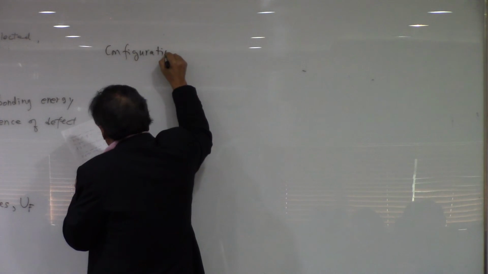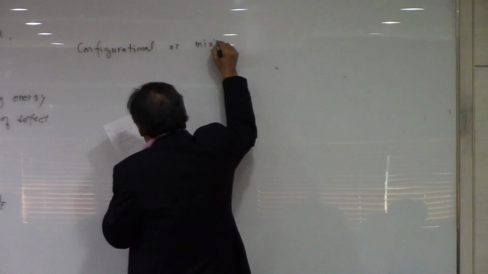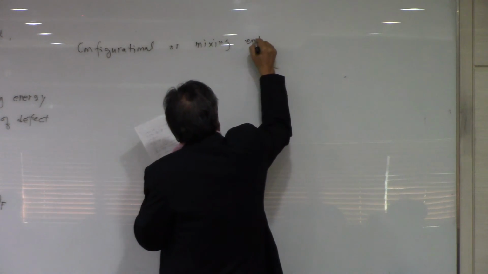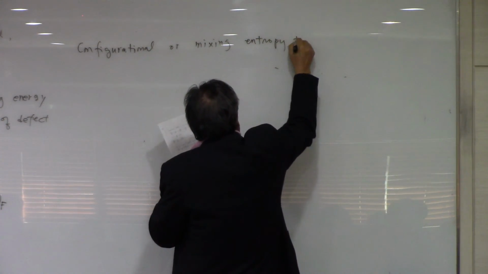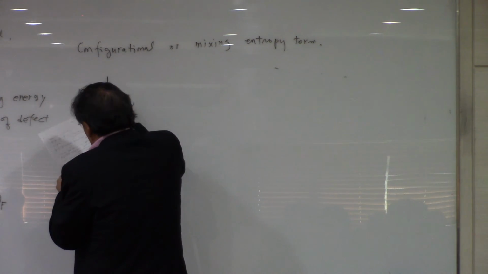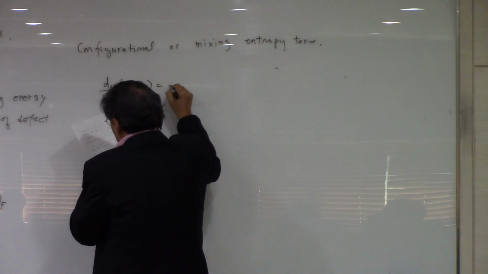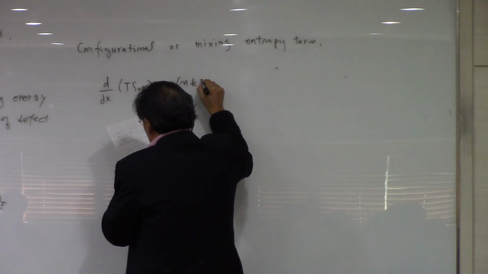Configurational or mixing entropy term, d over dx of T Sm equals minus NkT times ln x.